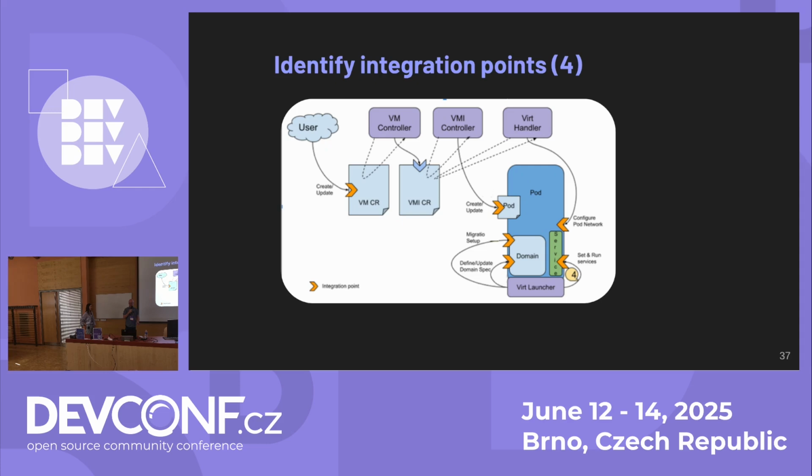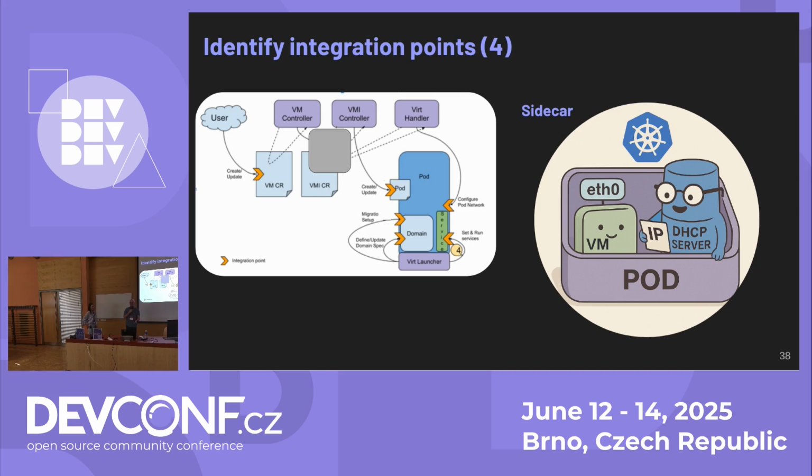The fourth one is creating a service, right? So we said that we have a DHCP server to serve IP addresses inside the guest. If we want to add a service at the pod, so it will serve the guest, that is done using a sidecar.